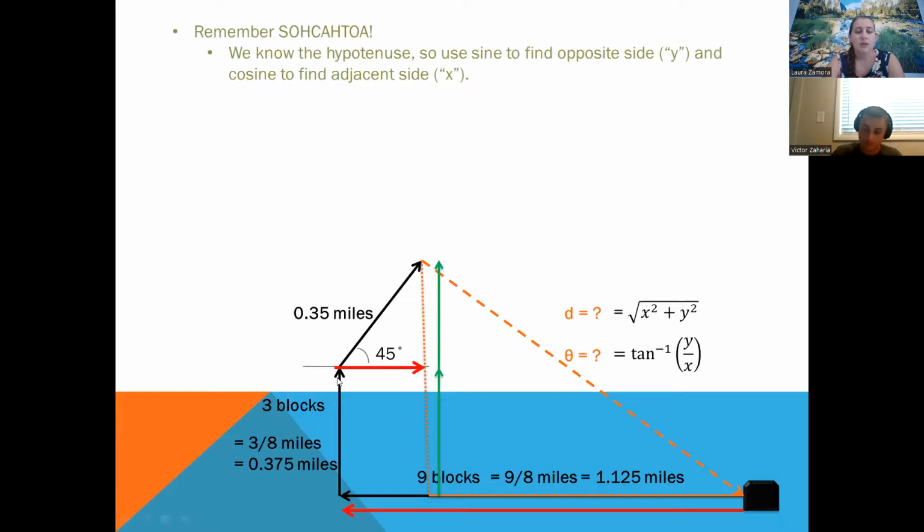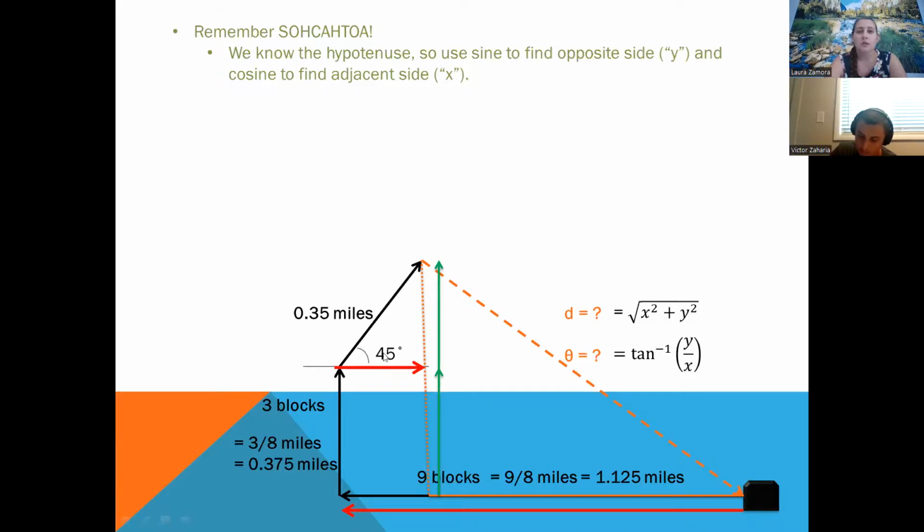Okay, so here, if we look at this triangle for the portion, the vector that's off at an angle, we were given the hypotenuse of this triangle, right? Because that's the longest side. We were given this angle of 45 degrees. So we know the hypotenuse and we know the angle, but we don't know the other two sides of the triangle.